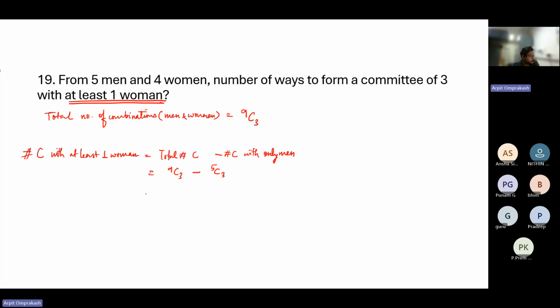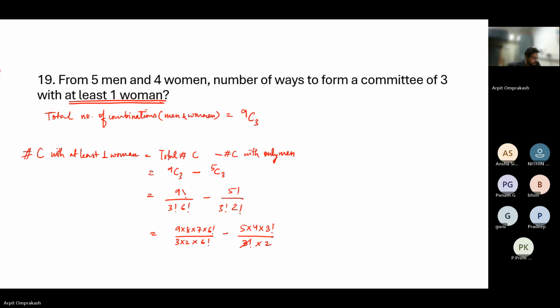If you do that, it turns out that we have 9 factorial by 3 factorial into 6 factorial minus 5 factorial by 3 factorial into 2 factorial, which is 9 into 8 into 7 by 6, minus 5 into 4 by 2. This is 84 minus 10, which is 70.